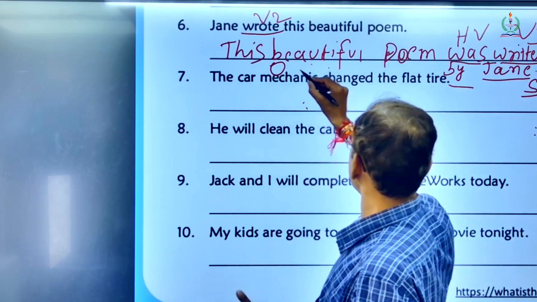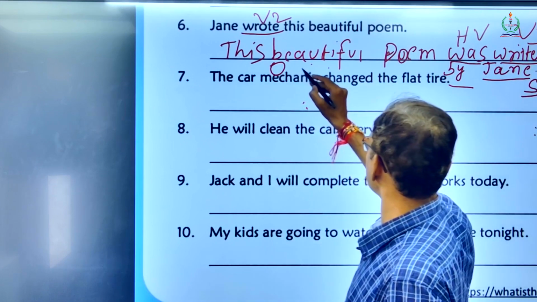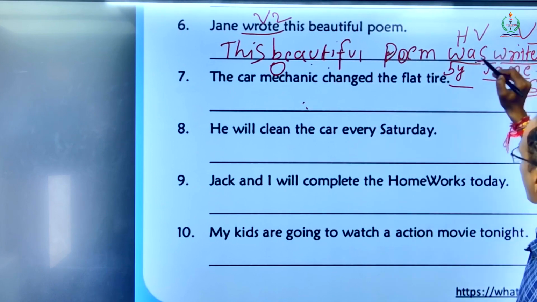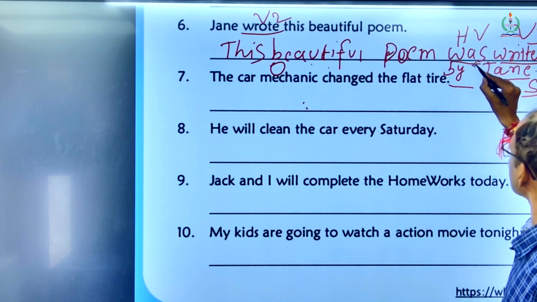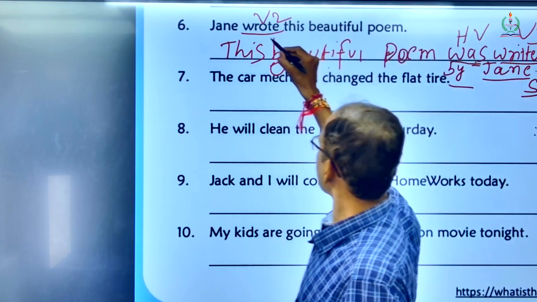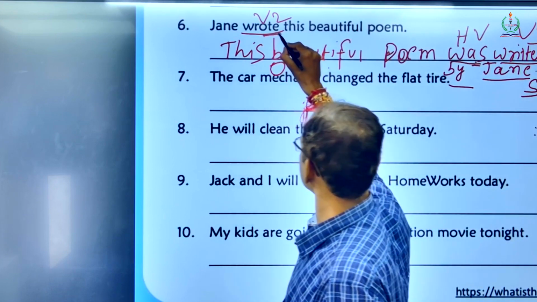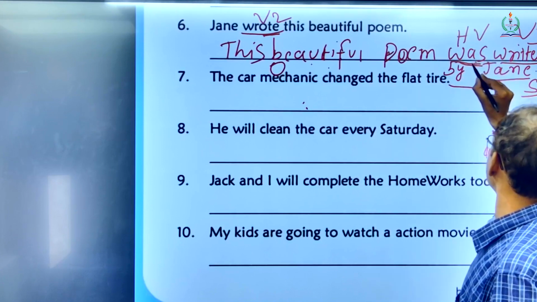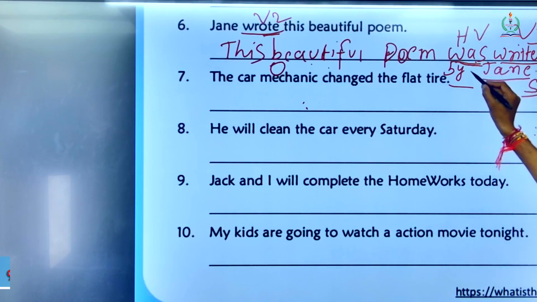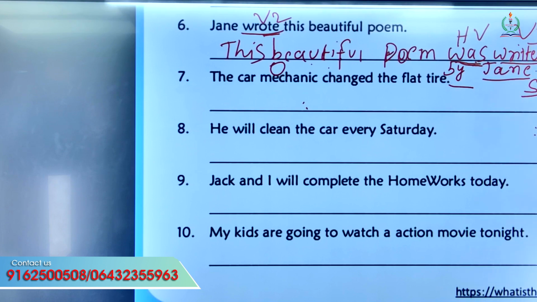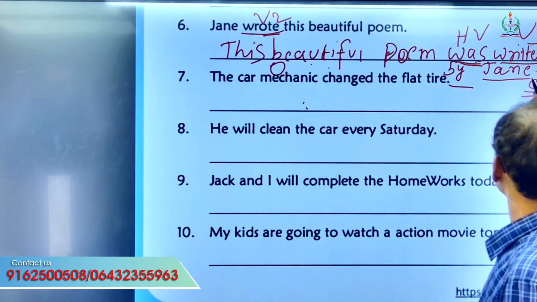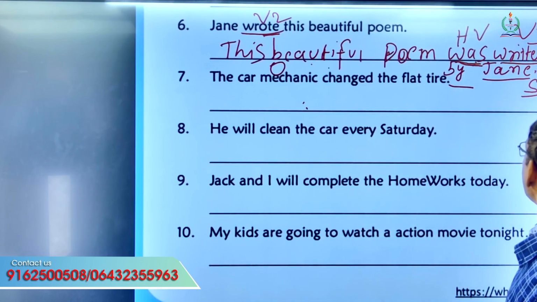So again the structure goes like this: object plus helping verb, which becomes was. Was is here just because the verb in the active voice is in past tense. So here the helping verb will be in past tense, which is was, plus written, the V3 form of the verb, which is the past participle, and by, which has to be there by the rule, and Jane, the subject, becomes the object over here.